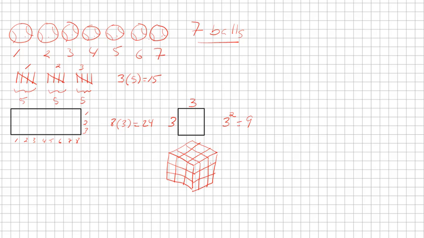Now I've created a cube, and this cube is 3 by 3 by 3. So to find how many cubes are in here, I multiply 3 times 3 times 3, or 3 cubed, and that gives me 27. And now I know I have 27 cubes in there. Again, a form of counting. But notice in these two instances, what I'm doing is creating groups of 3.